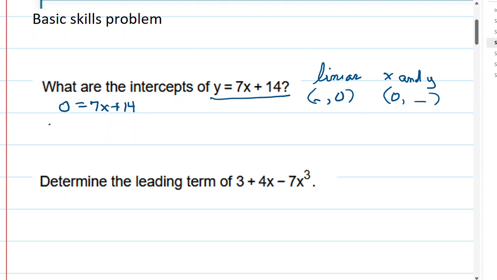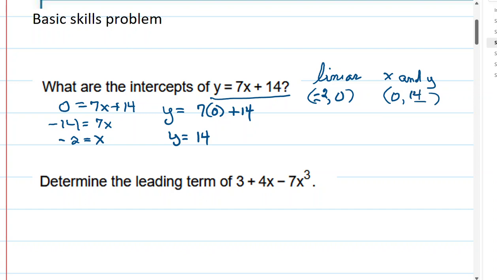I'm going to subtract 14 from both sides, divide by 7, and I get -2. Is everybody comfortable with that? All right. So on this one, I want 0 for x. And now we could have guessed what this one was because we know mx plus b. But I wanted to prove it. Just so you know that I know.